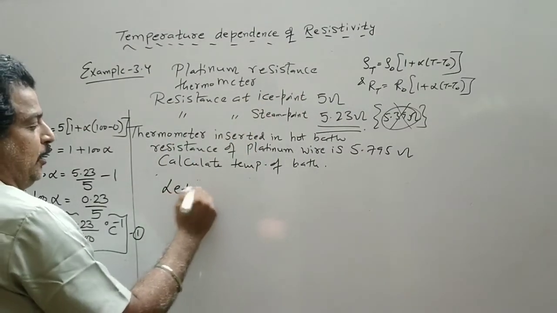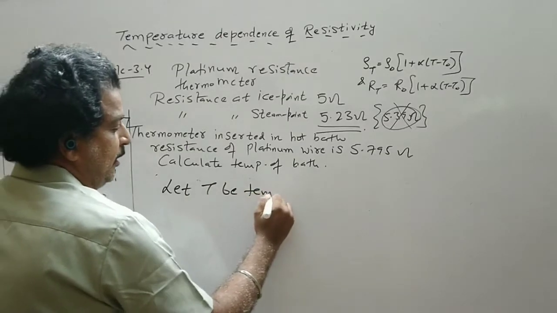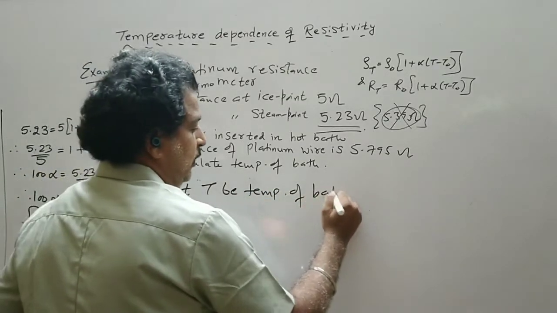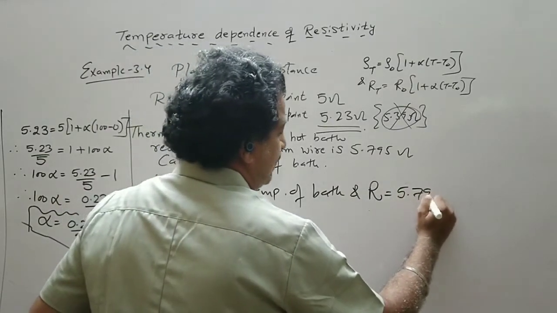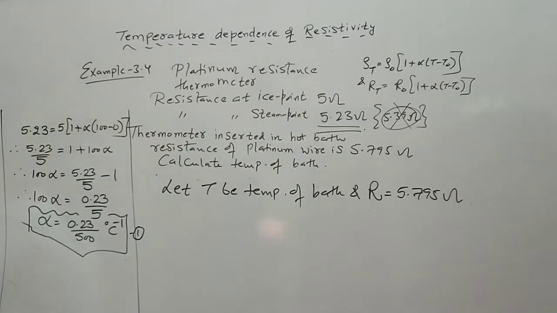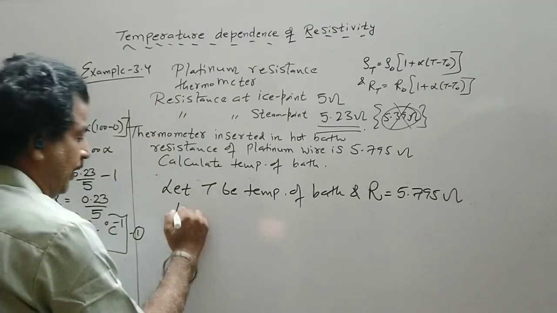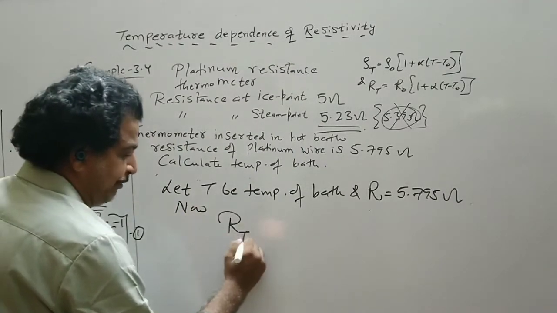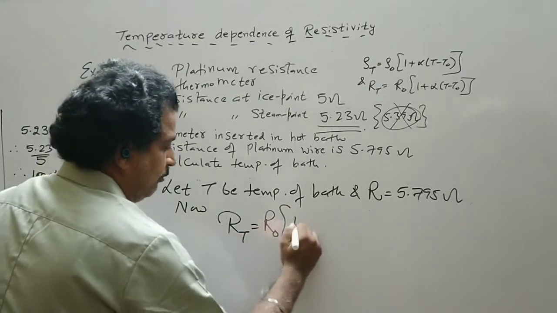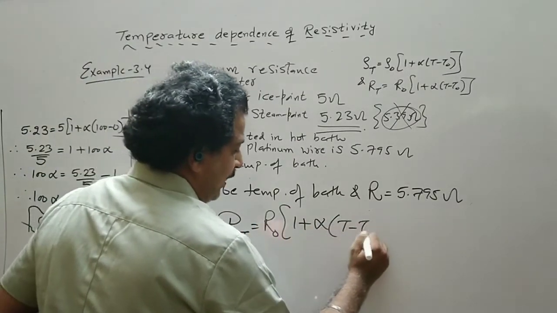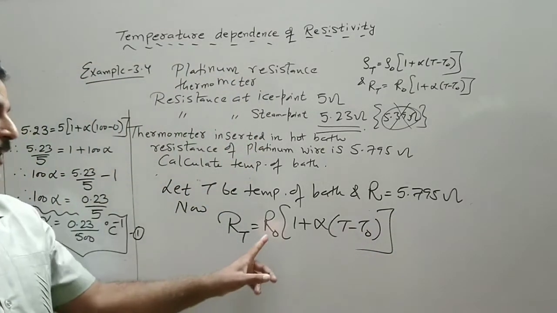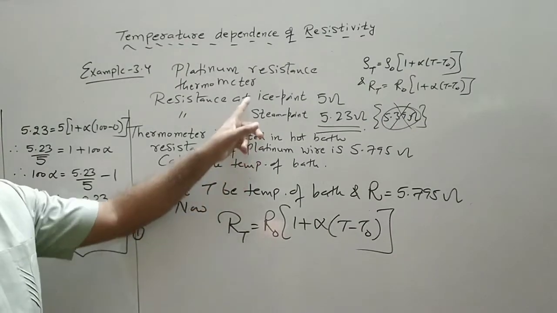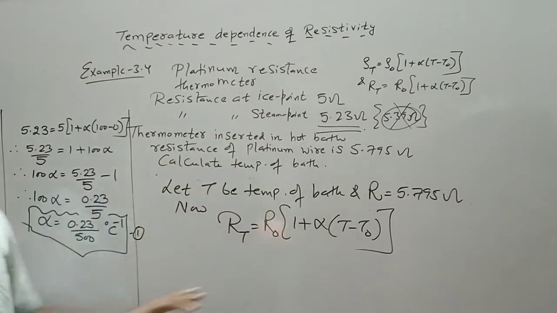Now let T be the temperature of the bath and R is equal to 5.795 ohms. Now R of T is equal to R0 times 1 plus alpha into T minus T0. Here I have taken the reference as R0, that is the ice point. Alpha is known to us by this equation 1.